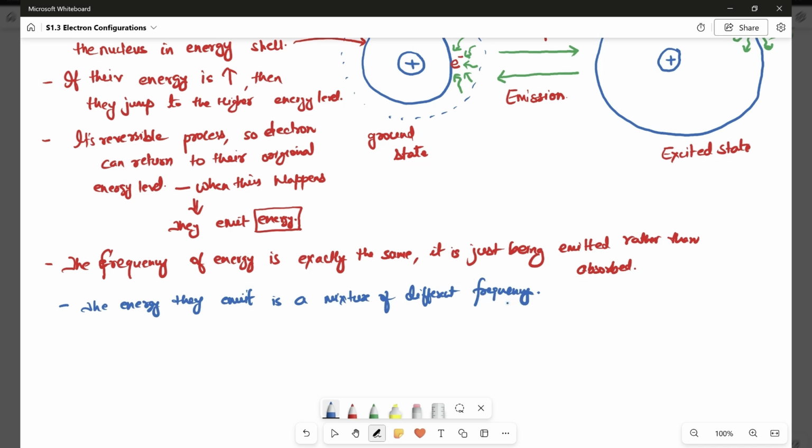If the emitted energy is visible, it can be analyzed very easily. So these emitted lights or emitted energy of different frequencies result in a line emission spectrum.